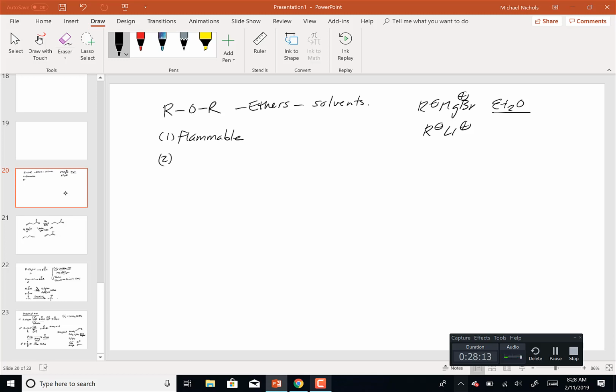Some people will use an ether called tertiary butyl methyl ether instead of diethyl ether in the lab. It's less flammable. It's got a higher boiling point, but I think it's got a very disagreeable smell. And the t-butyl methyl ether, which is called TBME, was a gasoline additive. They didn't always put ethanol in your gasoline for your winter mix.